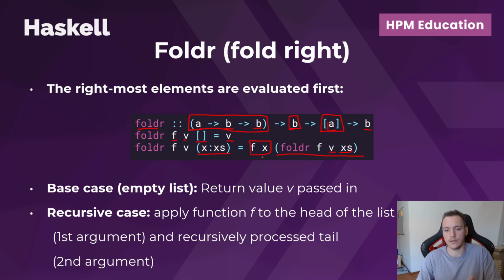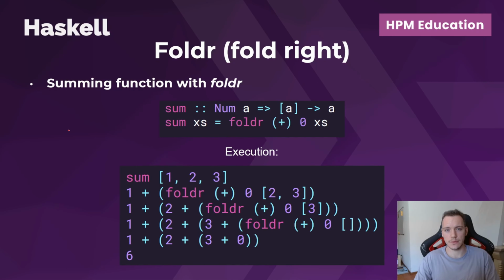With the logical AND function, we have to have all booleans as true to finally evaluate to true. Everything else is false. Now, an example will help illustrate how the association to the right of foldr actually works. So imagine that we have a summing function and we want to define it with foldr. We take a list of some numeric elements and we flatten it, right?